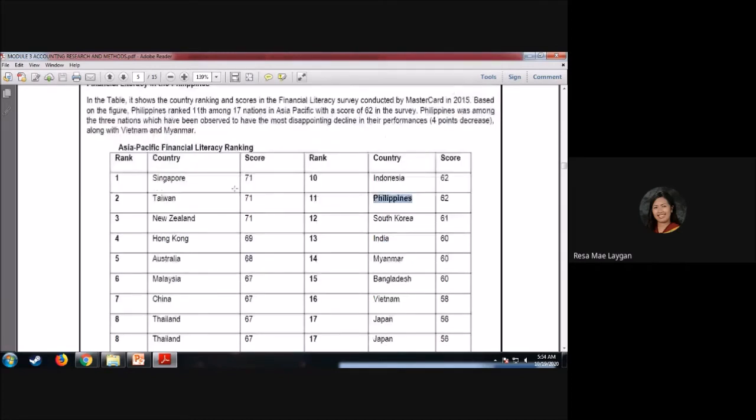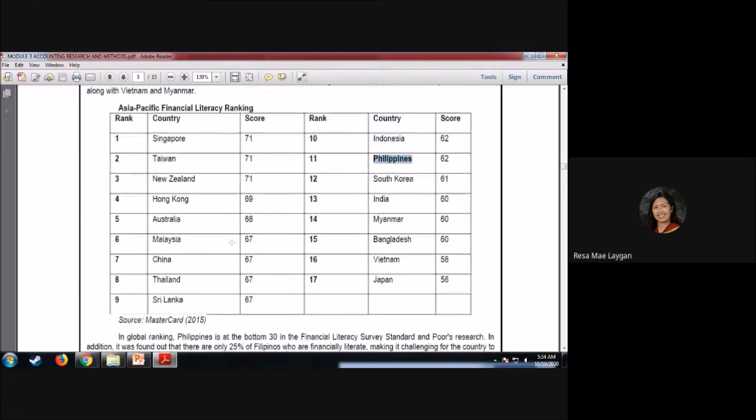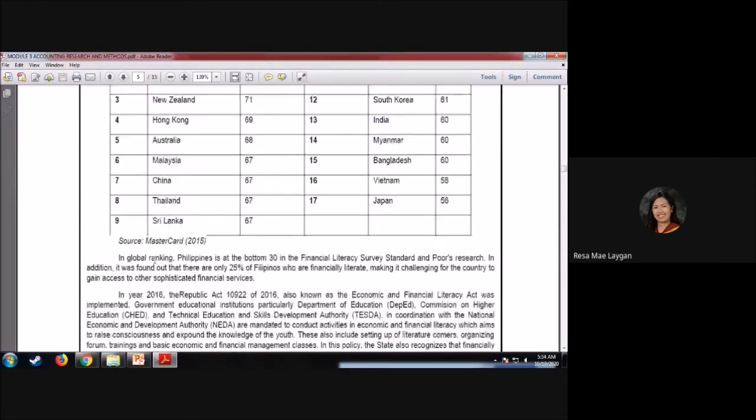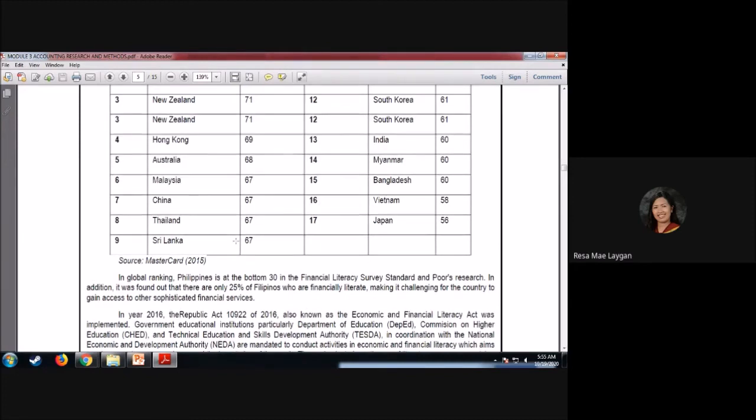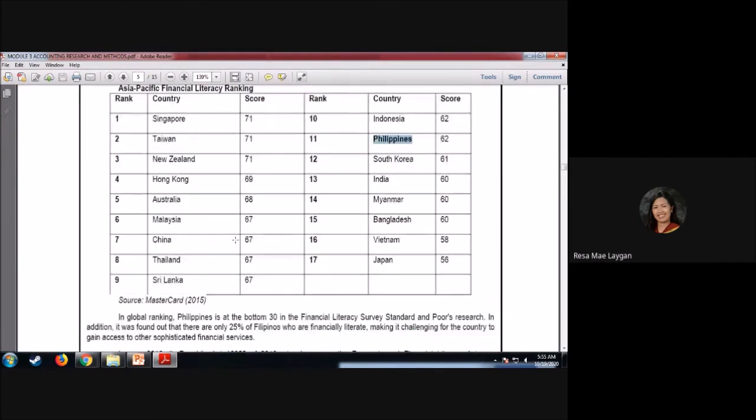This was way back in 2015. In the global ranking, the Philippines is at the bottom of 30 in the financial literacy survey of Standard and Poor's research. So this is the instrument that the researchers used in order to identify the global ranking, or the financial literacy of the Philippines.